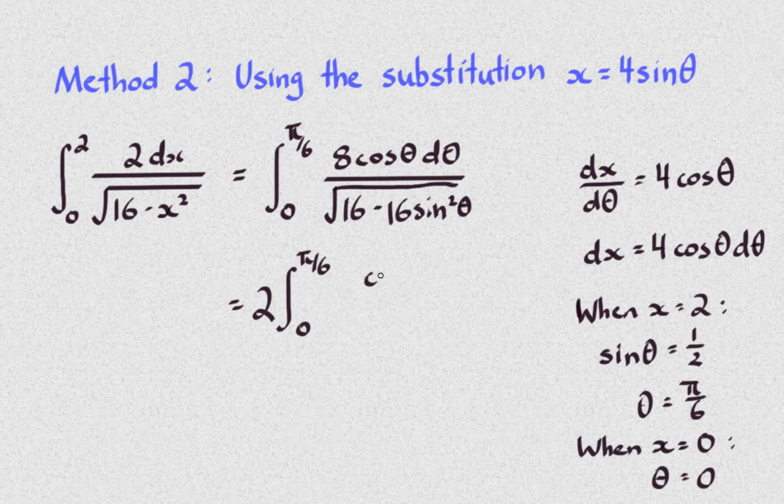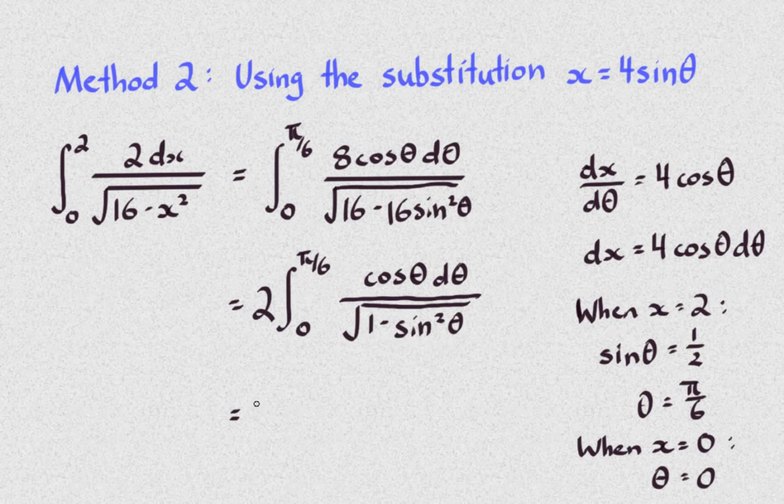And what are we left with? We still have cos theta d theta here. And now, underneath the square root sign, we just have 1 minus sine squared theta. But 1 minus sine squared, we should recognize that that is simply cos squared.